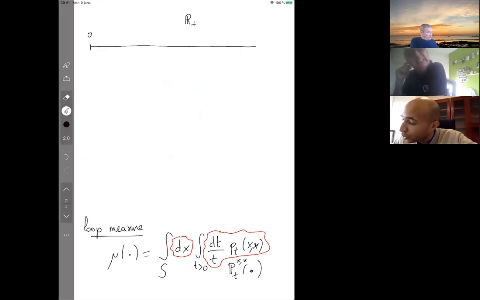You just have a Brownian motion on the line, and you can define as well the loop measure associated to the Brownian motion on the line killed when hitting 0. Actually it has a nice description, this loop measure. So I look at the loop measure on the positive half line.